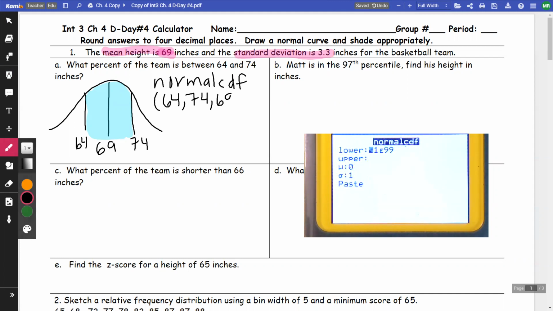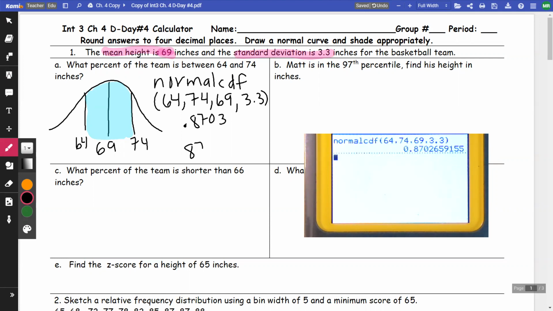Our mean is 69, and our standard deviation is 3.3. Okay, so 64, 74, 69, 3.3. And I get 0.8703, so 87.03%.